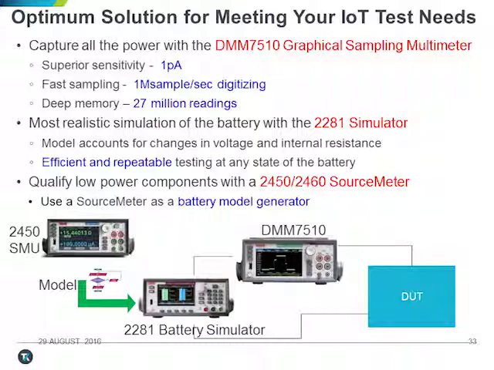The 2281 battery simulator dynamically simulates your battery with a battery model and enables you to efficiently and repeatably test at any point on the battery model. The Series 2450 source meters both can help qualify low power components and create battery models. These 3 instruments solve your power consumption measurement challenges.